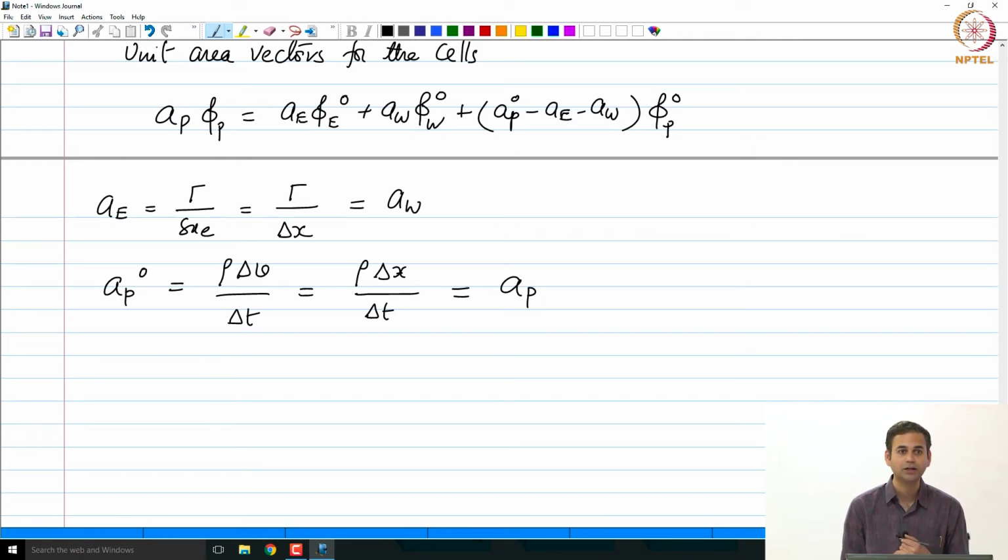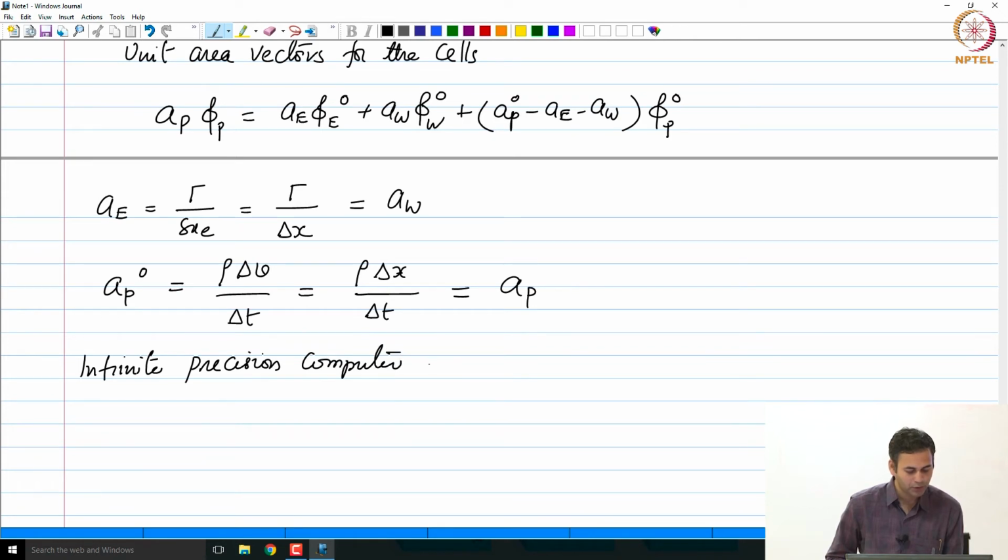That means the solution you would get out of that computer would have 0 round off errors. As a result, the solution from this infinite precision computer, we would like to denote using some capital phi.